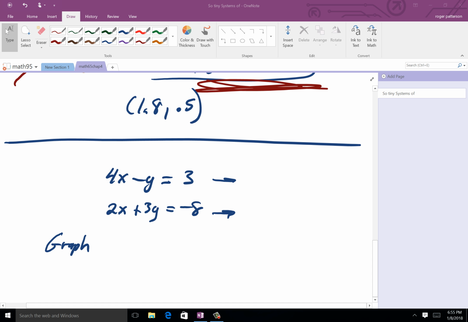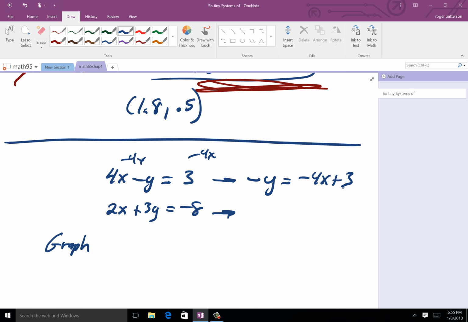So if I solve for y on this one right here, what do we have to do first? Subtract 4x. Very good. So we're going to subtract 4x here. Move this over here. So I have negative y equals negative 4x plus 3. But we can't have a negative y. That wouldn't be right.